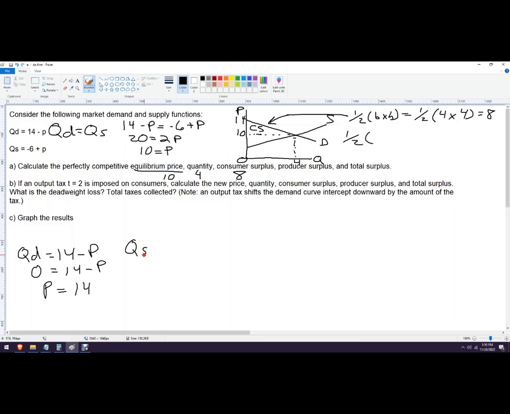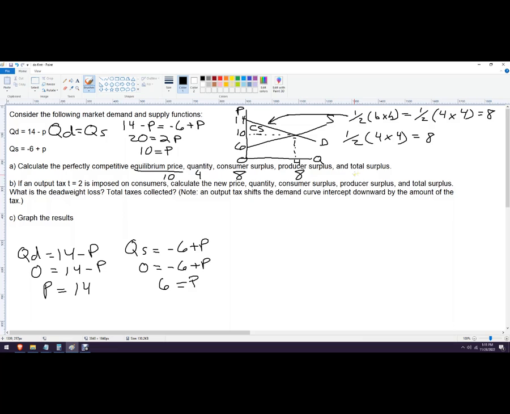So here's the supply function, P, and we put a 0 right here. I got -6 plus P, and I got P equals 6. So this number right here is 6. So the distance between here and here is 4 for the producer surplus. And then the distance between here and here is also 4. So that would be 8.